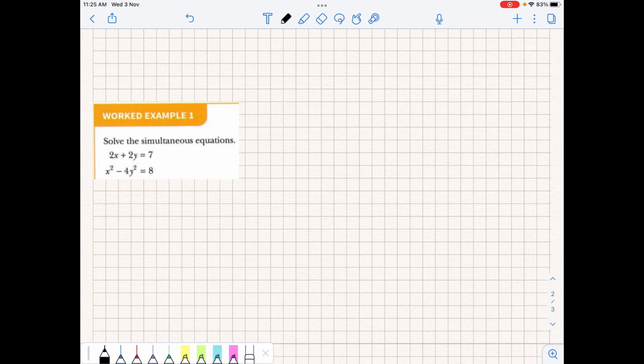So, if I have 2x plus 2y equal to 7, I need to solve for one of my variables, okay, in order to substitute it into the next equation. So this is equation 1, and we can say this is equation number 2.